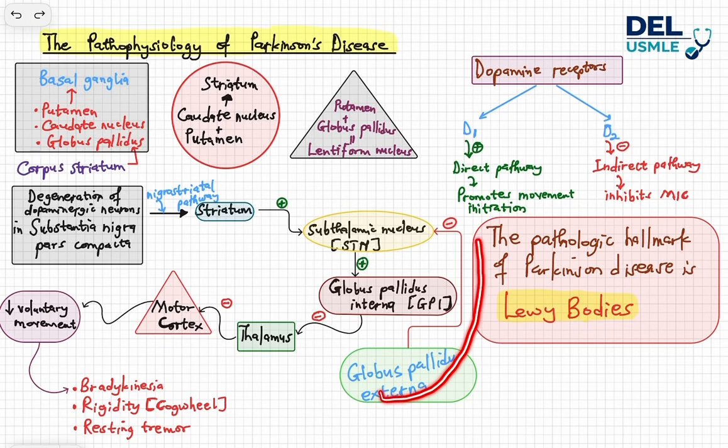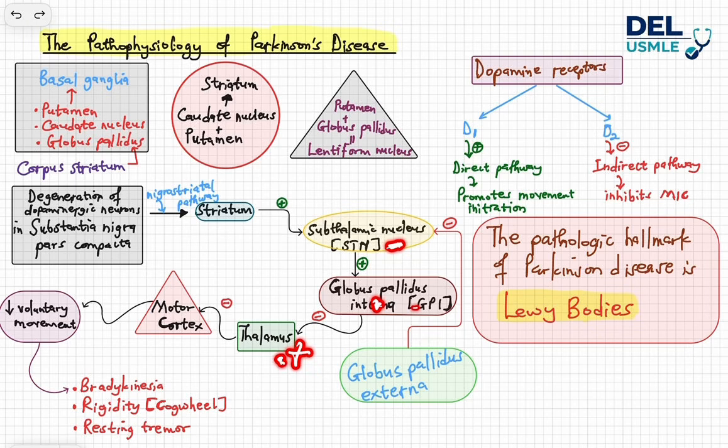It rather inhibits the subthalamic nucleus. It rather deactivates it. And when it deactivates it, that will promote voluntary movement, because once the subthalamic nucleus is deactivated, globus pallidus interna will not be stimulated. And if it's not stimulated, the thalamus becomes activated.